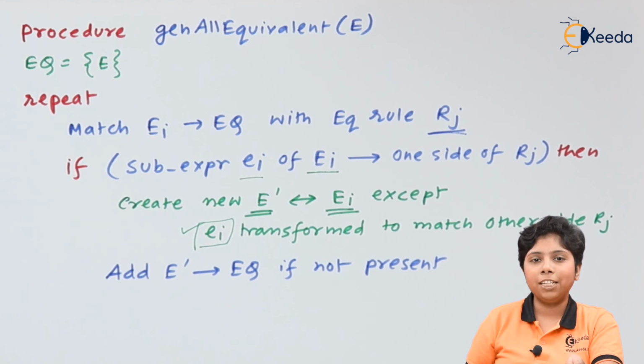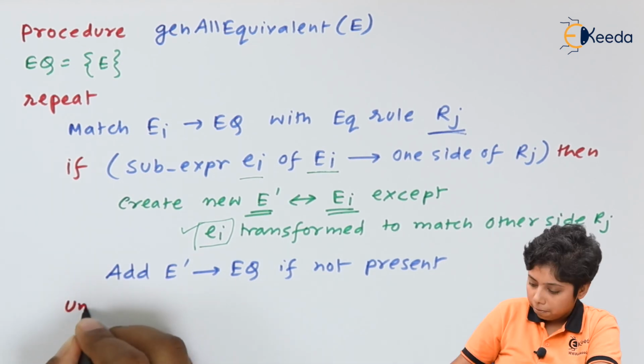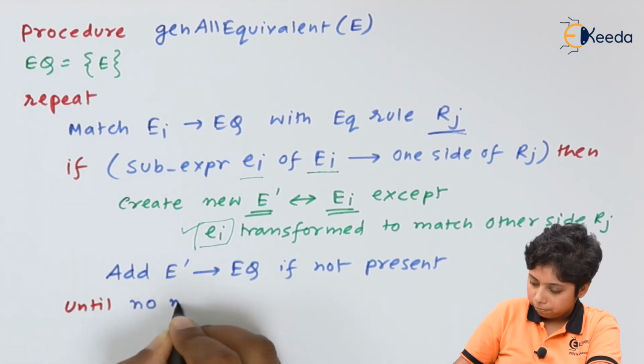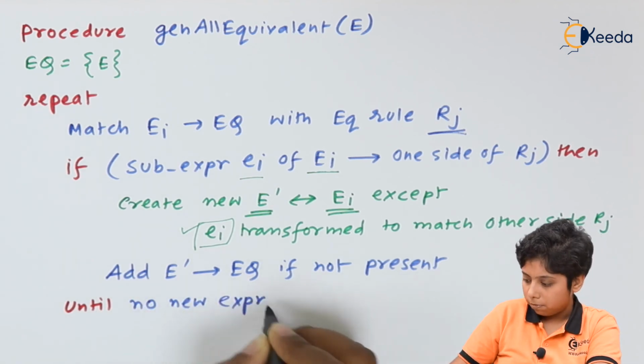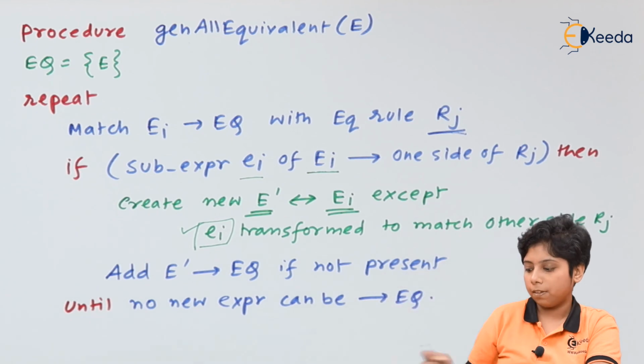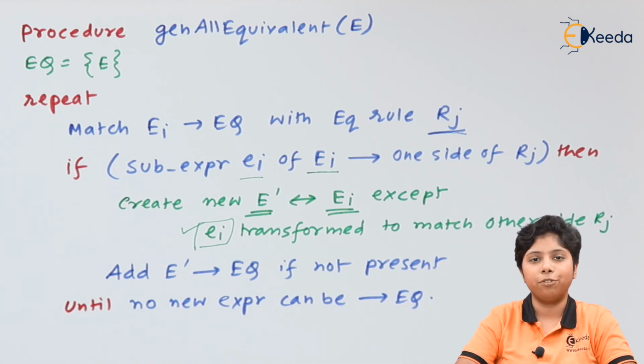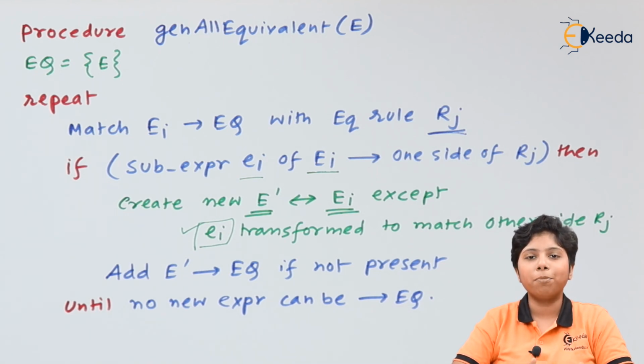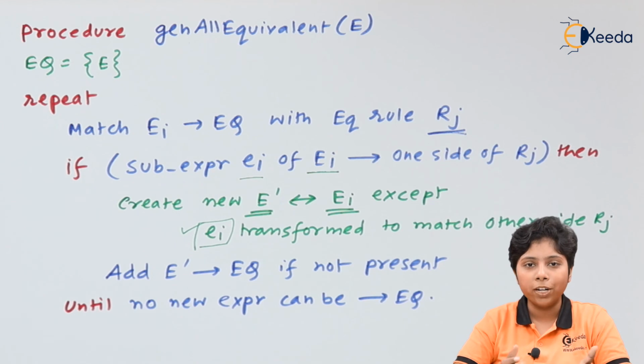We just add the new E dash to EQ if it is not present. We perform this until there is no more expression that we can add to EQ. In this way, we can perform the enumeration, or the ordering, of the expressions in the equivalent set.